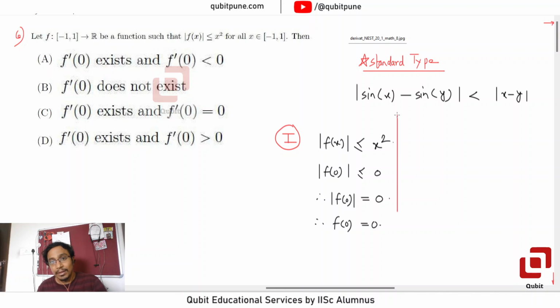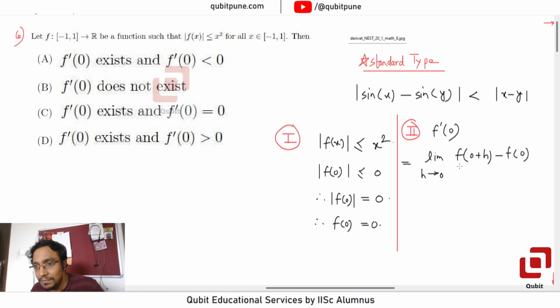Great. Now first principles. f dash of 0 is to be found out. Write down the definition. Limit h tends to 0, f of 0 plus h minus f of 0 upon h. You will now realize why we found f of 0 first.